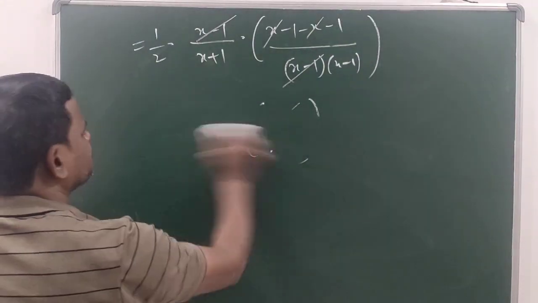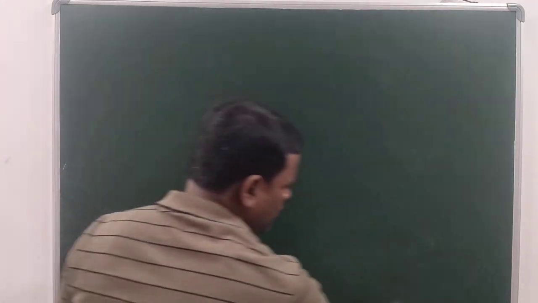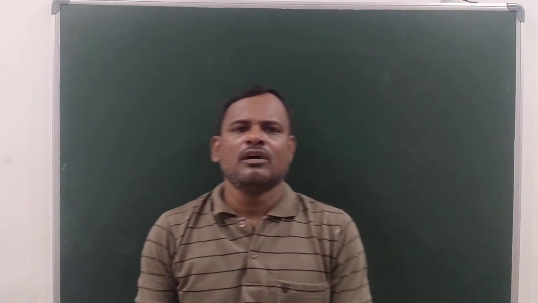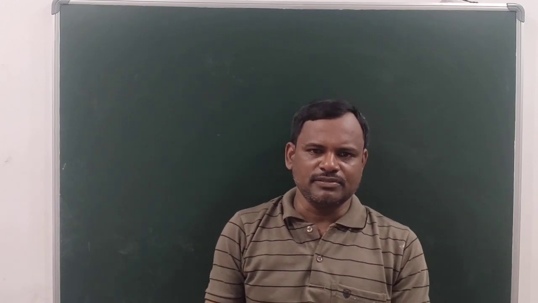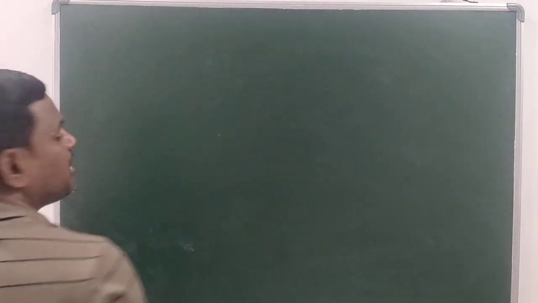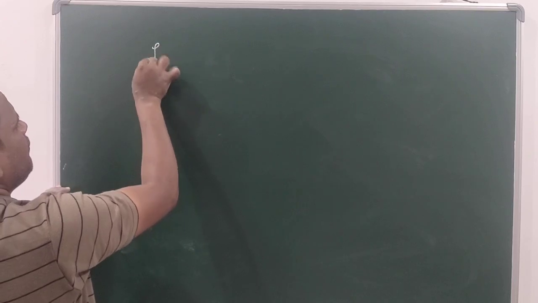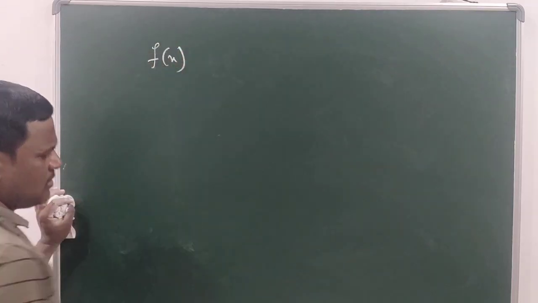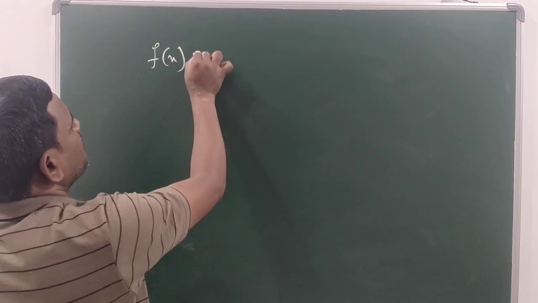Next, let us go to one more function, that is hyperbolic secant function. Okay, so now let me explain you its definition. f of x is equal to secant hx.